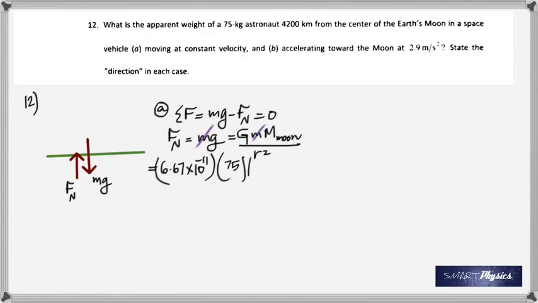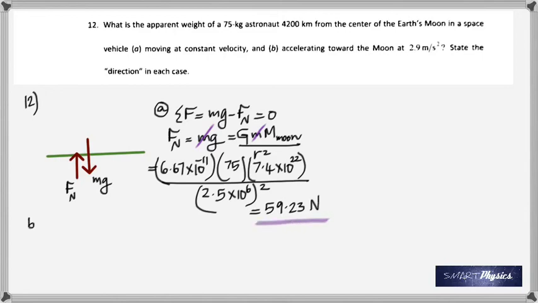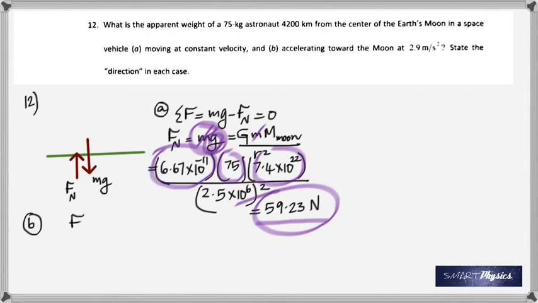The little mass cancels out. You get 59.23 newtons. In the B part, it is accelerating. Therefore, the net force is equal to mass times acceleration.